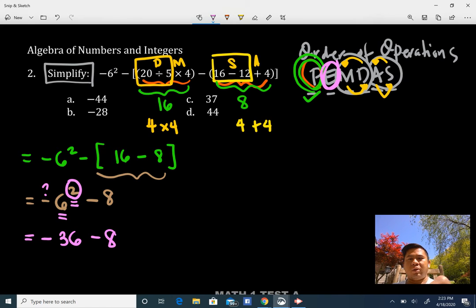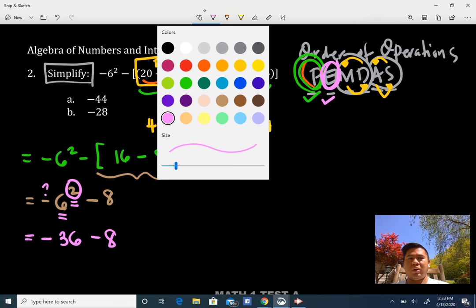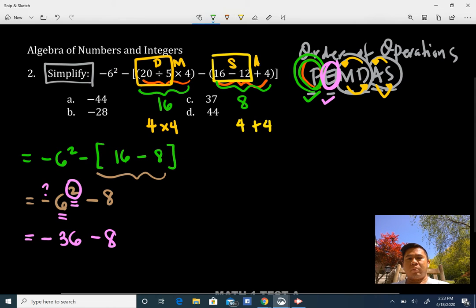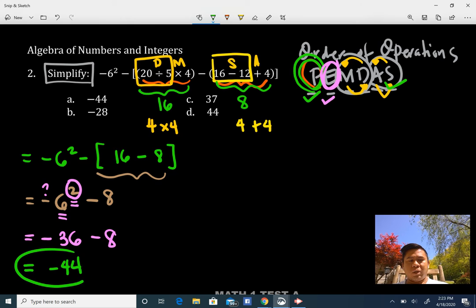So again, I'm done now here with the exponent. Now after this one, I have negative 36 minus 8, which is simply subtraction. So negative 36 minus 8 will give me a negative 44 in this particular case.